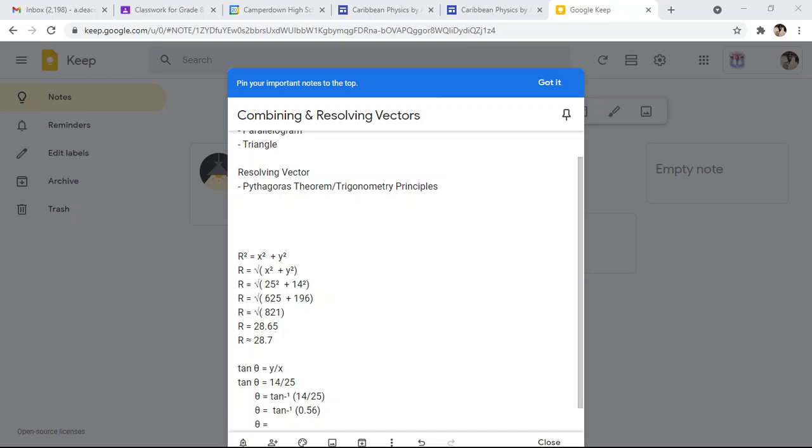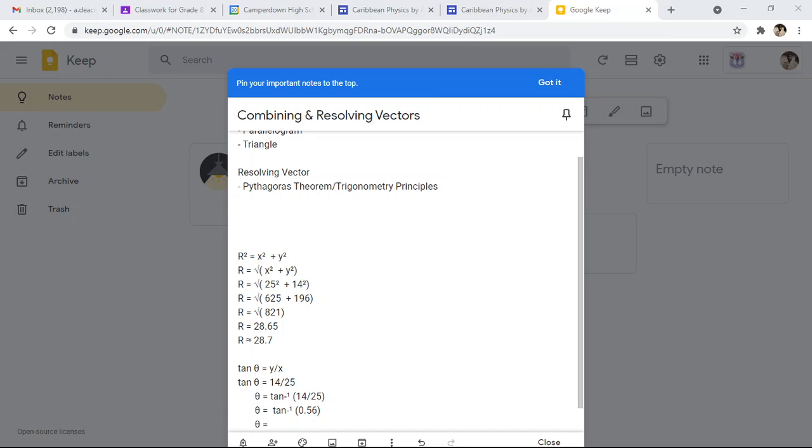Look for the shift or second key, press it, then press tan, and put in the 0.56.